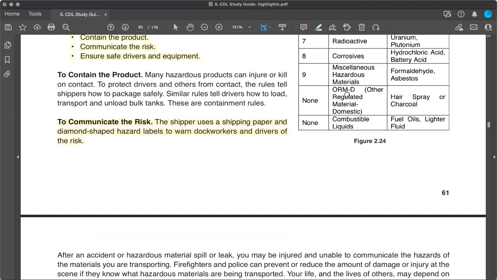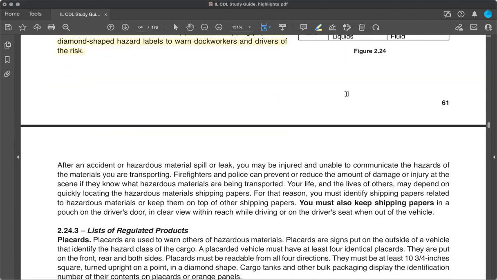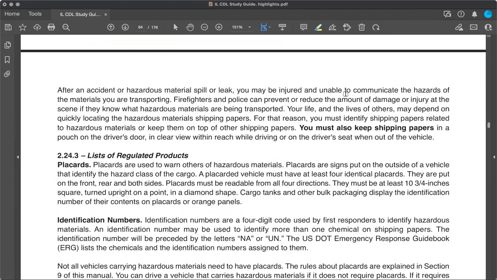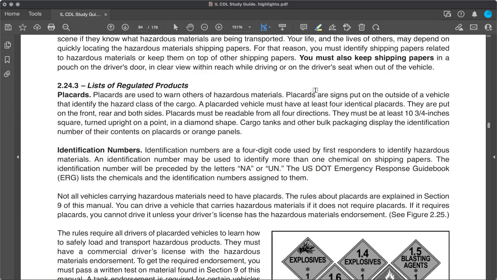Let's go over to page 62. It talks about the list of regulated products, and the first one is placards. These are used to warn others of hazardous materials. Make note of that.